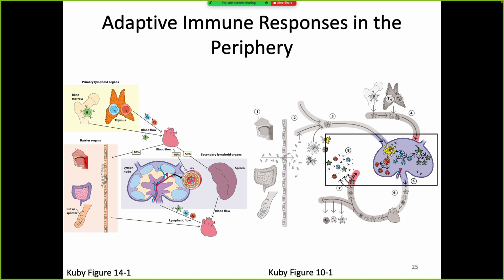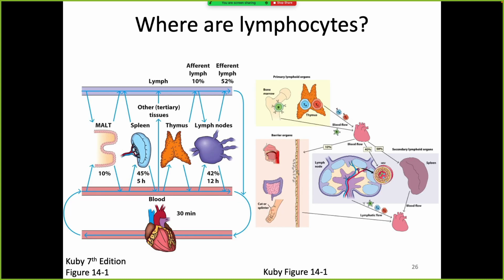Those cells are able to leave the secondary lymphoid organs either through the lymphatics or through the blood and keep circulating around the body. And so this is another view of this. I really like this from another textbook, although, yes, I will admit, the numbers do not add up to 100. Don't freak out that the numbers don't add up to 100.